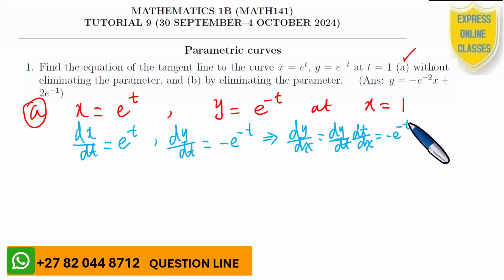And dt/dx is 1 over e to the t. So this is therefore going to be the same as negative e to the minus 2t.